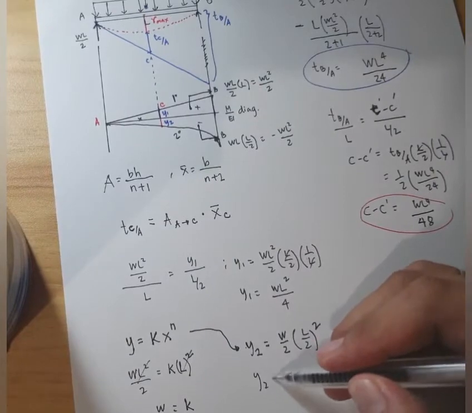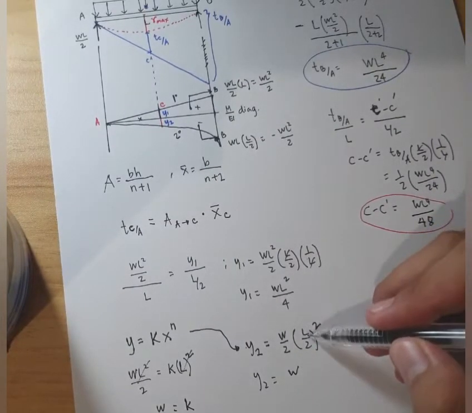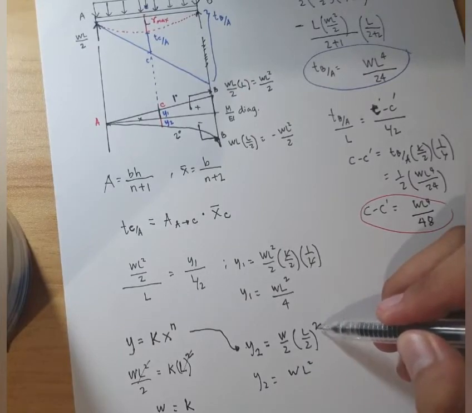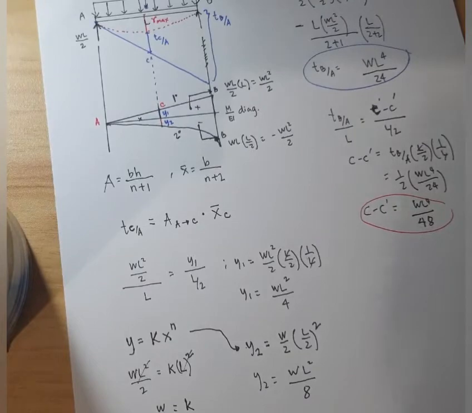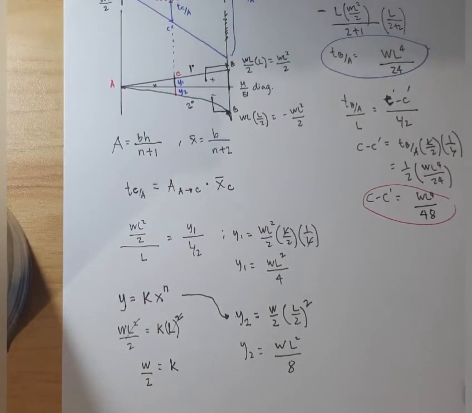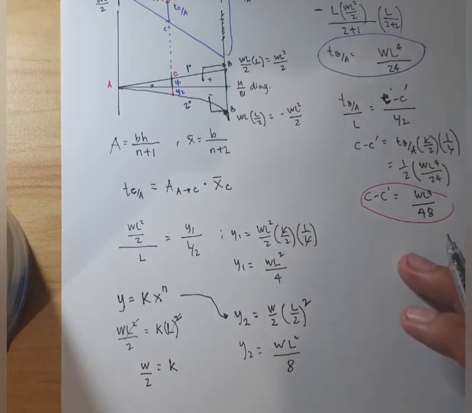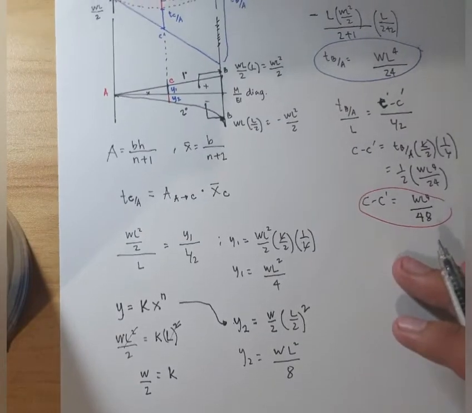So y sub 2 is WL squared, 2 to the power of 2, 4, 4 times 2, 8. Okay. So we have y sub 1 and y sub 2. From there, you can now compute the areas.